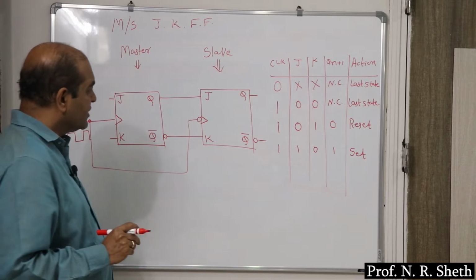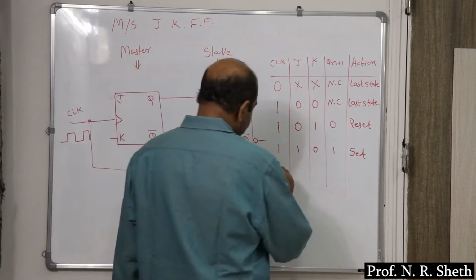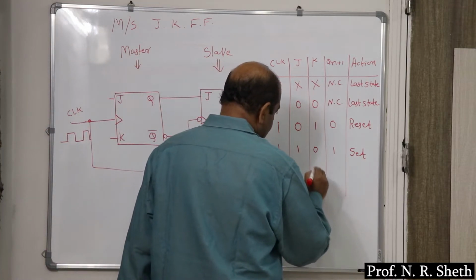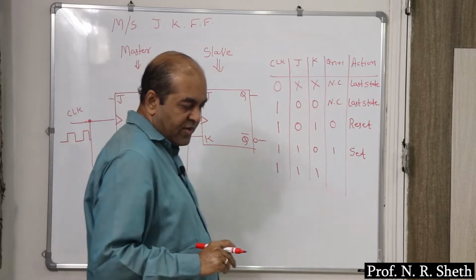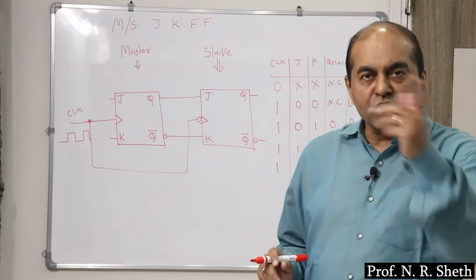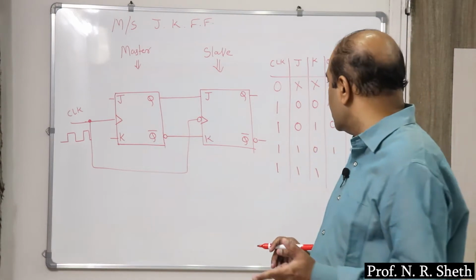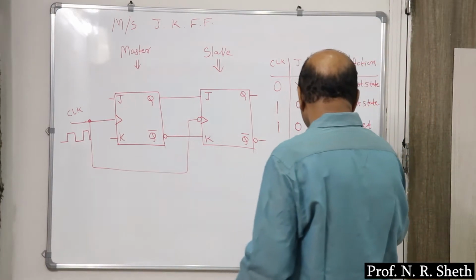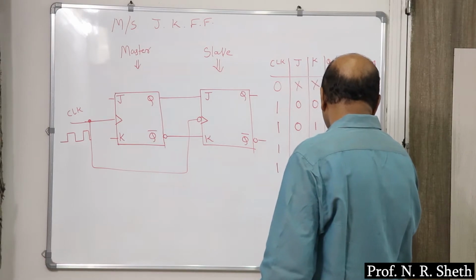And the last one, clock is available and J is 1, K is 1. So, during the positive transition, master toggles, during the negative transition, slave toggles.